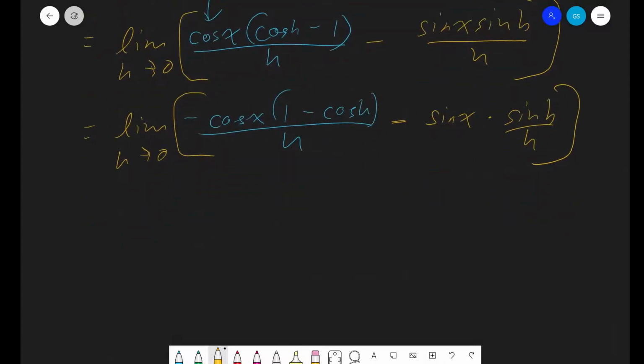Now taking the limit of everything, so the limit as h approaches 0 of negative cos x, oh, forgot to do it in the blue, cos x of 1 minus cos h, or I should write it like this.